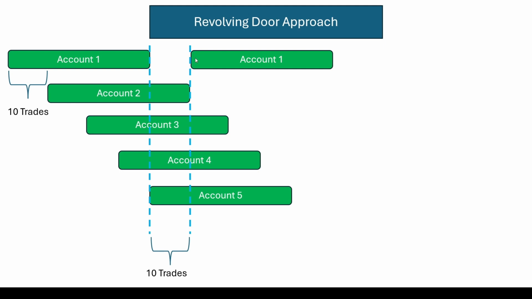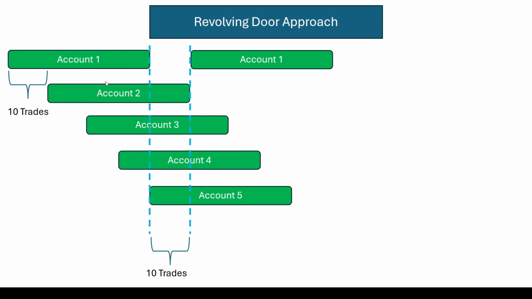And then you would restart account 1 after that 10 trade embargo. So effectively how this works is you would run one account for 40 trades, pause for 10 trades, run for 40 trades. And you can replace 10 by X or 40 by 4 times X, so it depends on your particular system. But in this example, I have found 10 to work quite well.